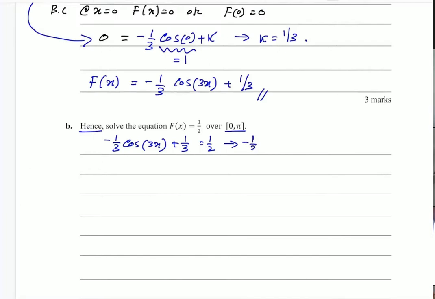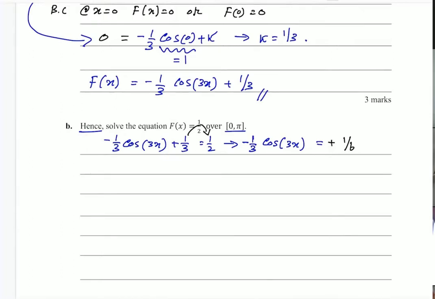Minus 1 divided by 3 cos 3x is equal to, when you put this on the other side, minus 1 divided by 6... minus or plus?